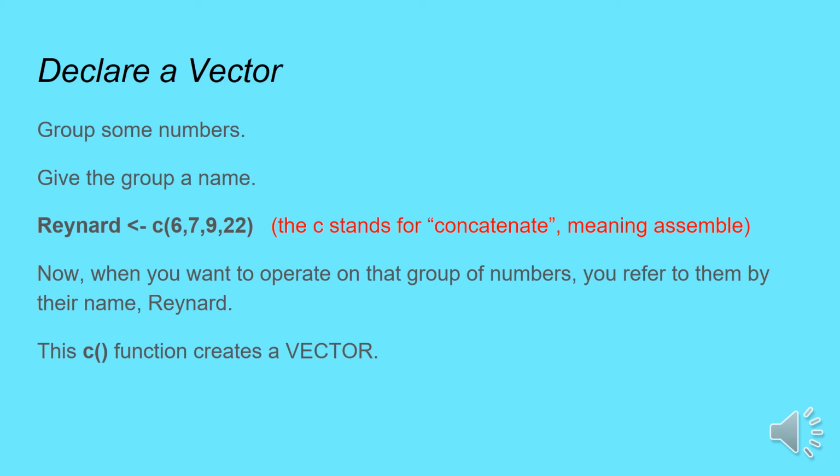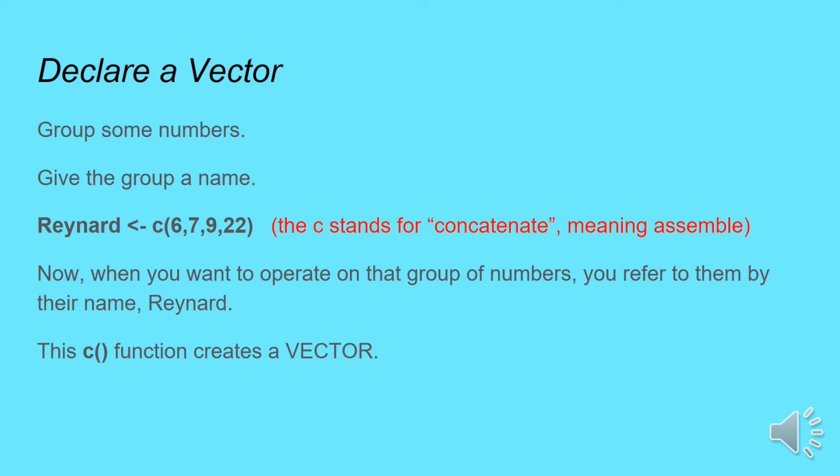A group of numbers in R, you're going to be working with groups of numbers a lot. A group of numbers is called a vector, and you declare a vector by declaring a little group of numbers, and you put a little c in front of the parentheses. C stands for concatenate, which means assemble.